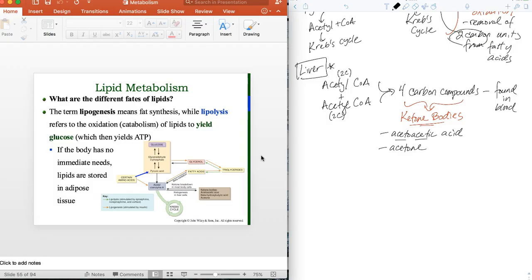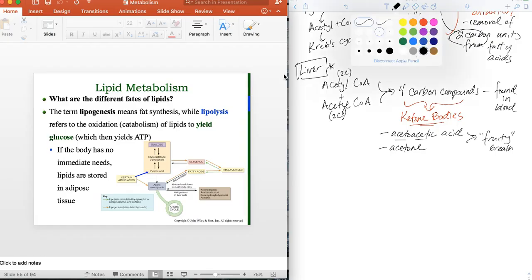So this acetone, this acetoacetic acid, sometimes can give people a fruity breath when they are producing them at high volumes. So a diabetic comes in, they're looking bad, they may be going through a crisis because their sugar is not being maintained, and they may be having something called diabetic ketoacidosis. Okay, so there's a condition called DKA.